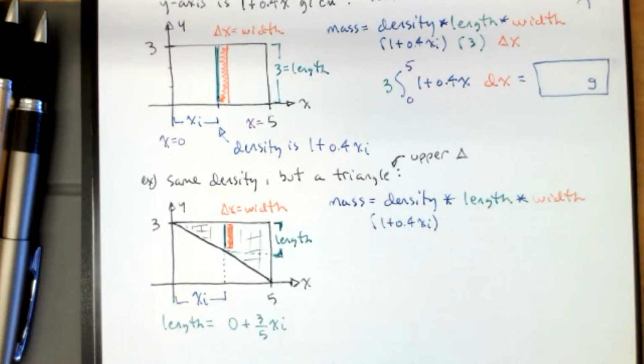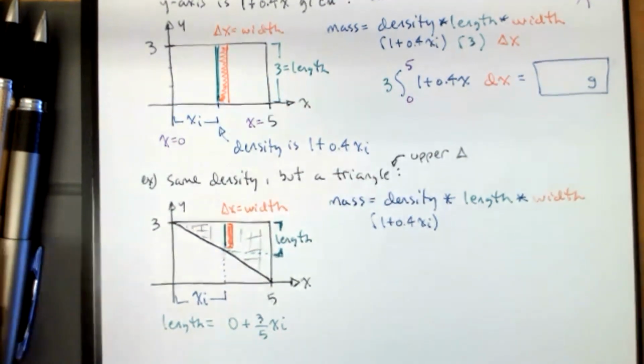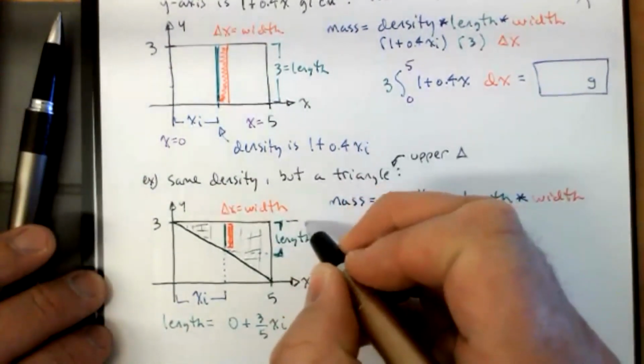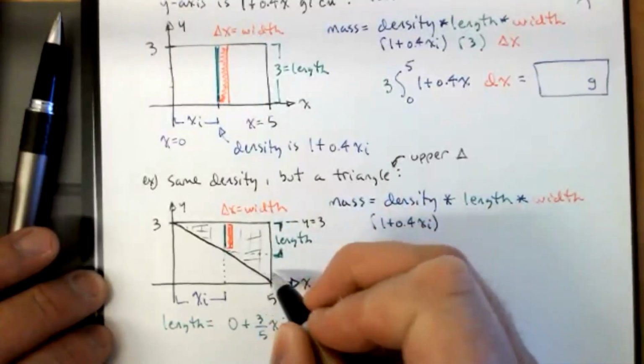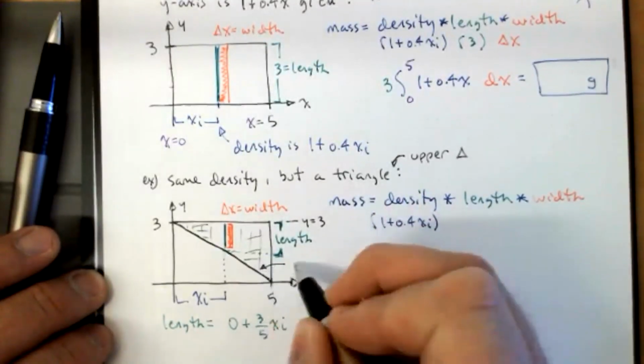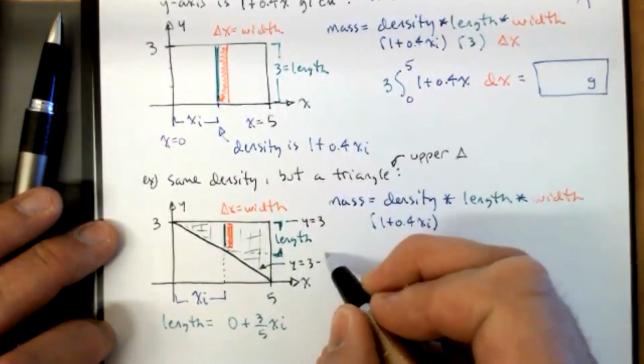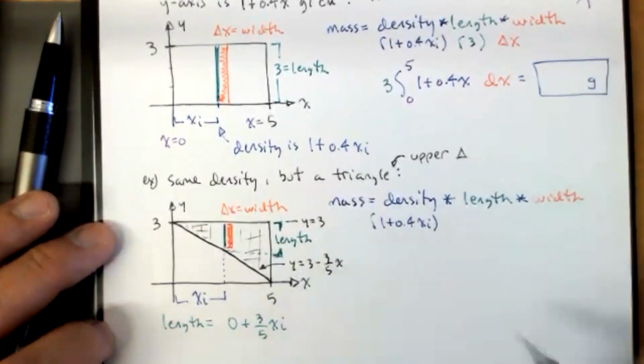In this case, we were able to get away with just making a linear function because we could see that this is going to be a linear function. If one of these was wobbly and not so linear, we might think, shouldn't this look like the top function minus the bottom function? And it does. So the top function up here is y equals 3. And the bottom function down here is y equals 3 minus 3/5 x.